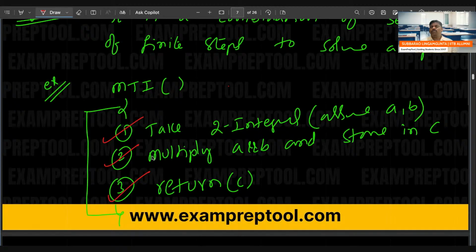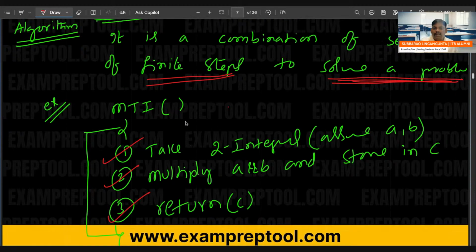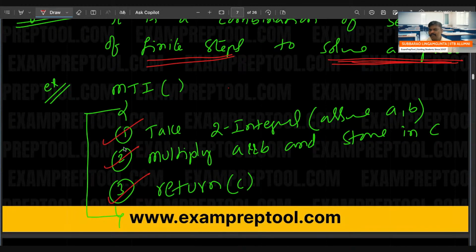Finally, it should solve a problem. And it is a combination, so all statements are necessary.